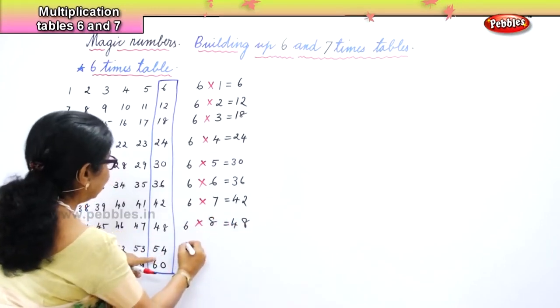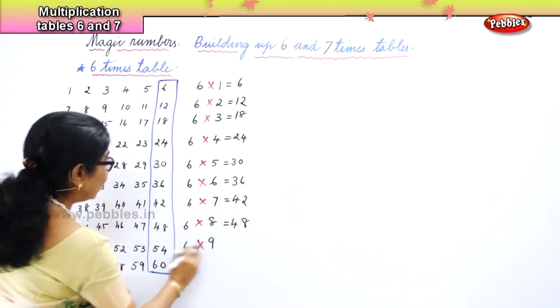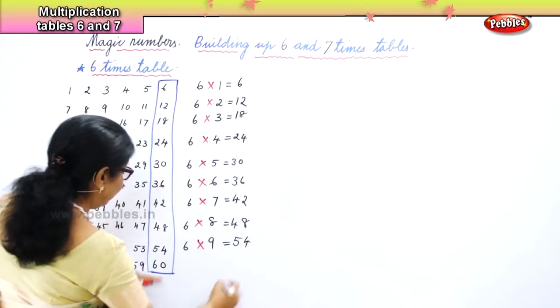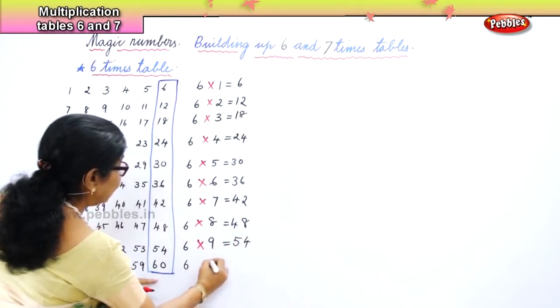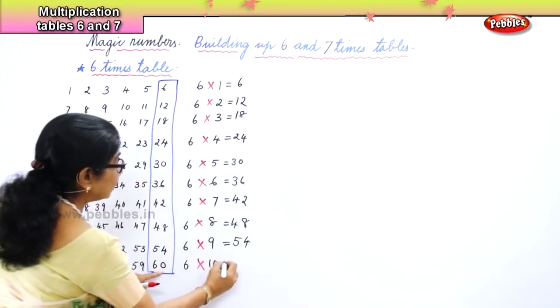And finally, 6 nines are 54. And 6 tens are 60.